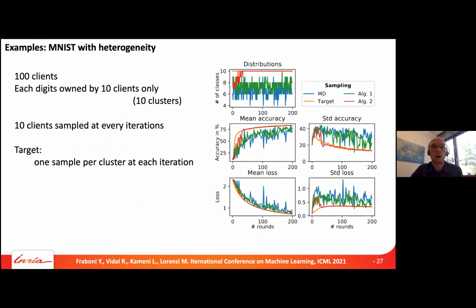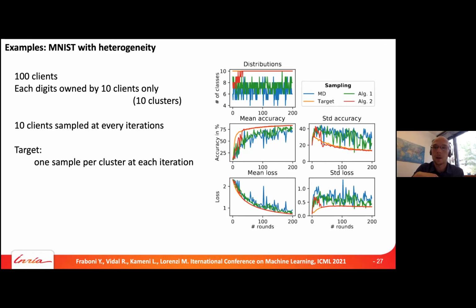And here I give you this example, which is quite, I think, hopefully clarifying. So we took MNIST. We define 100 clients, and we define 10 clusters of clients. Each of these 10 clusters has 10 clients, and each cluster has one digit only.